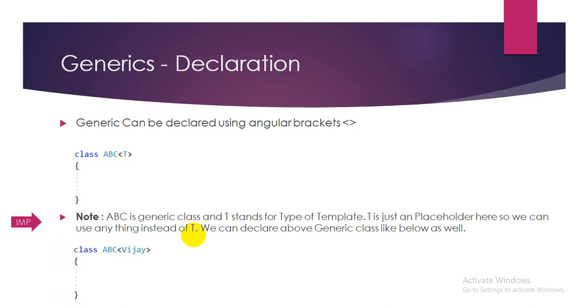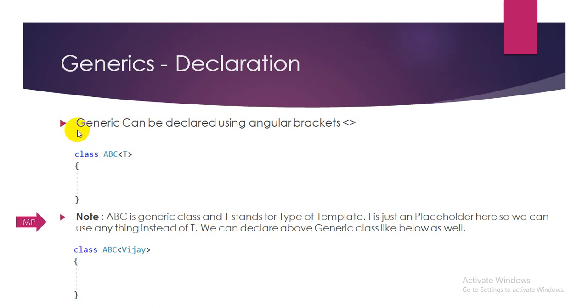But it's a very important interview question you can face: while writing a generic class, can you pass some other placeholder name instead of T or not? The answer is yes, definitely. T is just a placeholder, nothing else. We can give any name to this placeholder. It's not necessary to always pass T as a placeholder name.